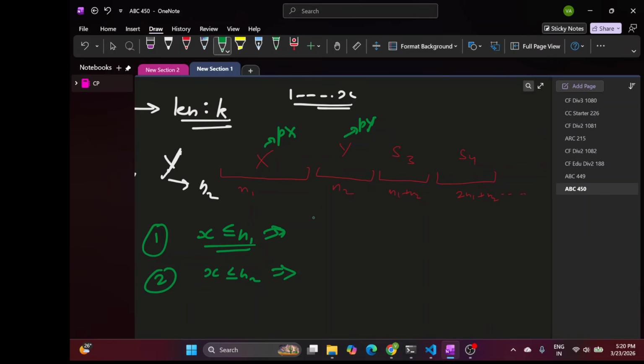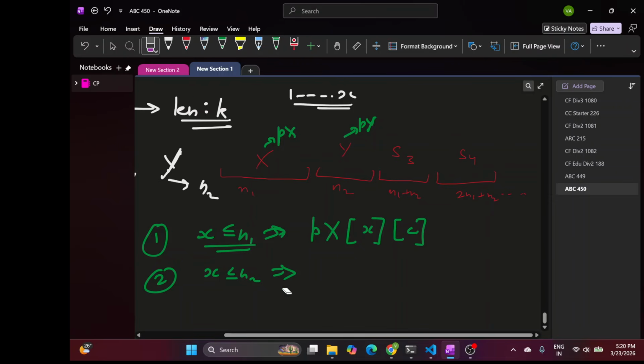So this is basically px up to the xth value, and here we have n1, our character c, right? And if our x is less than equal to n2, or can we say that our x is less than equal to n1 plus n2? Because our first n1 characters are different and the next n2 characters are different, right?